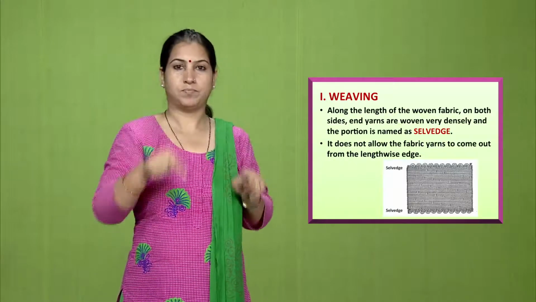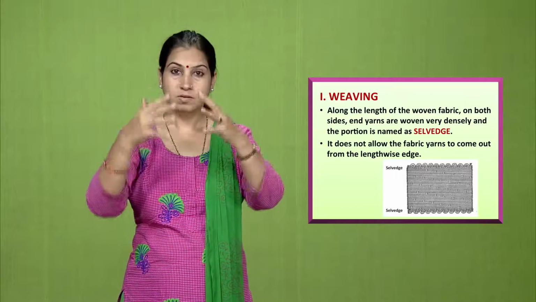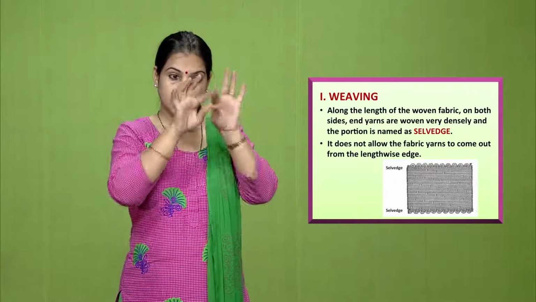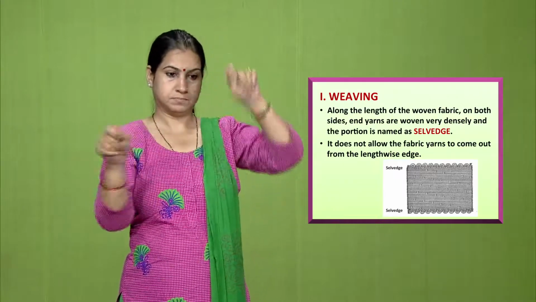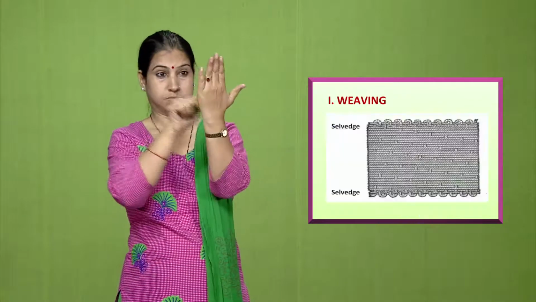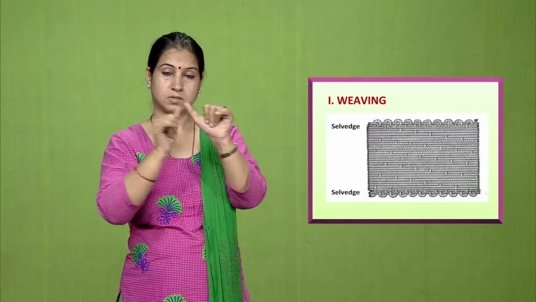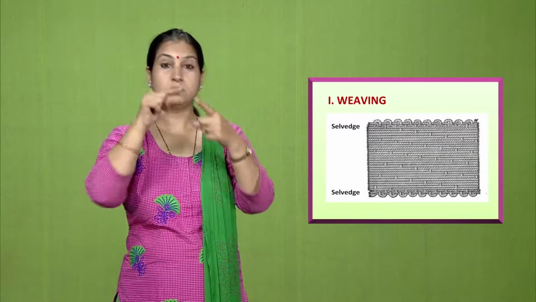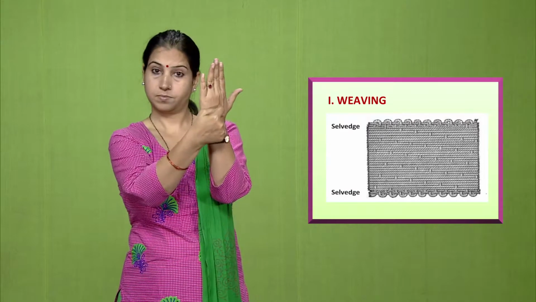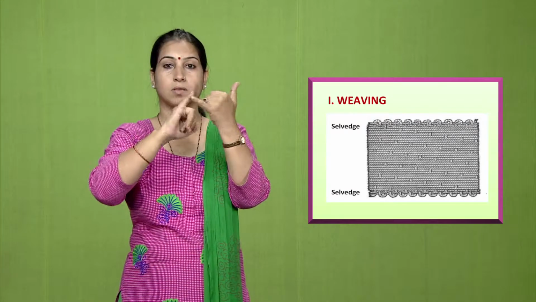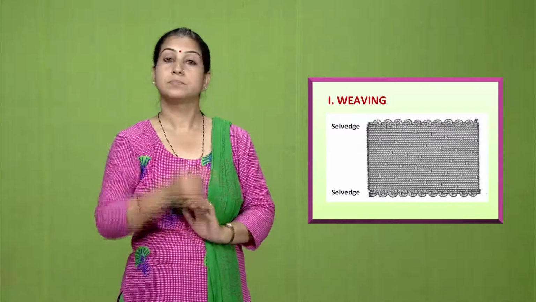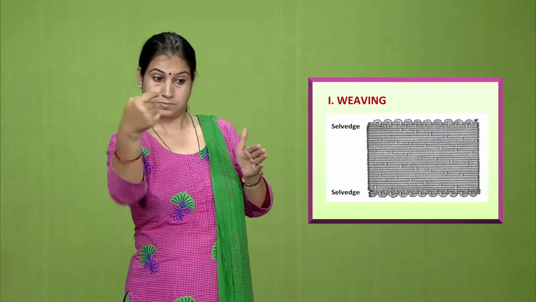Also, along the length of the woven fabric on both sides, the yarns are woven very densely, and this portion is called the selvage. Now this is the fabric, and the two edges of the fabric are the selvage, which is the finished side of the fabric.